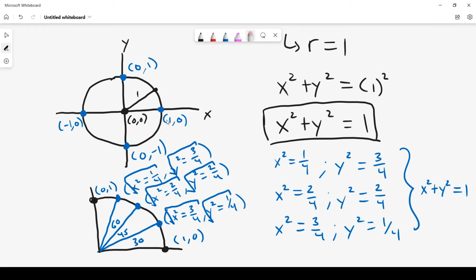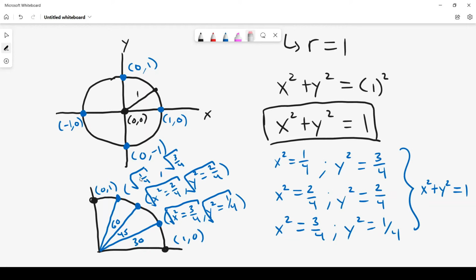And what that's going to actually give us is, I can wipe this out. I'll do this step by step. So this was the square root of a fourth here, and this was the square root of 3/4. The square root of a fraction, you do the square root of the numerator, and then the square root of the denominator separately.